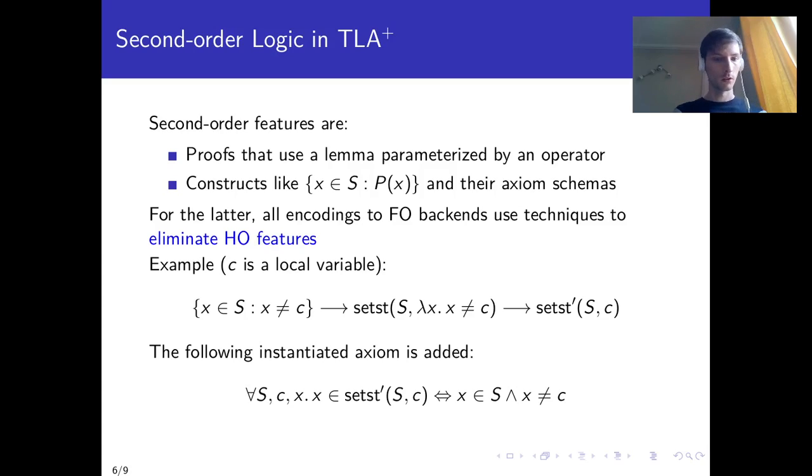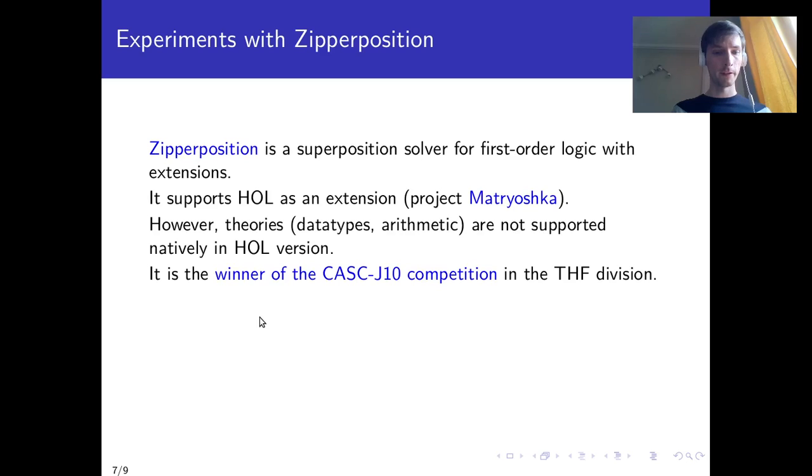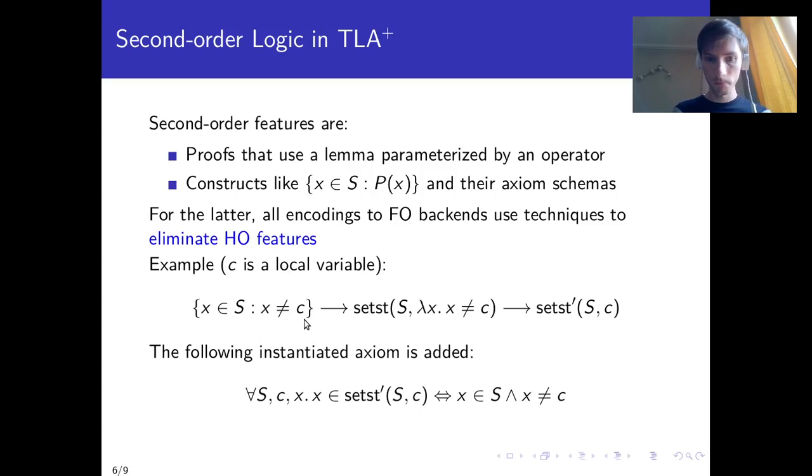So here you can see one example just to give the idea. If I want to eliminate the set comprehension for this predicate, I can start by rewriting it as a second order application, with one argument being the base set and the other one being a predicate, the predicate P. And then what I need to do is to replace this application by another application with a new declared operator which is specialized for this predicate.